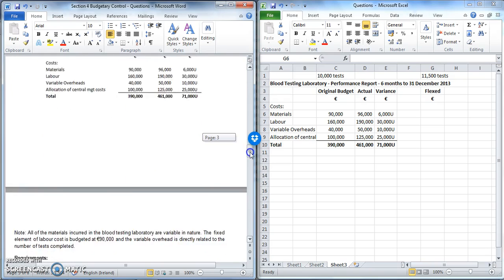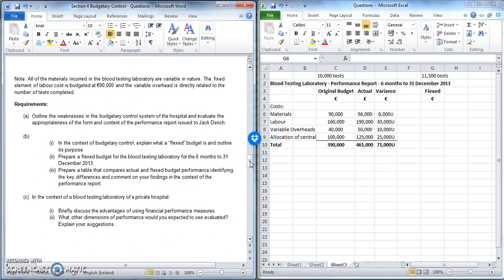And so you're essentially coming back to here, going back to CVP analysis. What type of costs are each of those, and how do they behave when the level of activity, i.e. the number of tests, changes? You're told in the note, all materials incurred are variable in nature. Therefore, it may be useful at the start to come over here and go per test basis. So what is the cost on a per test basis?